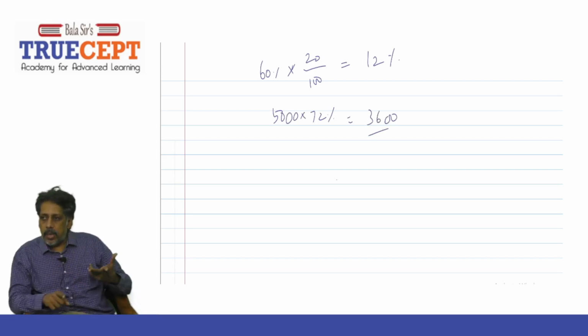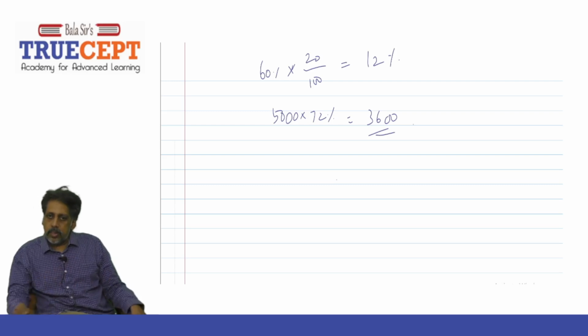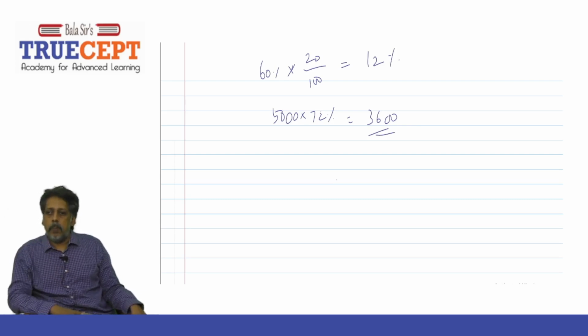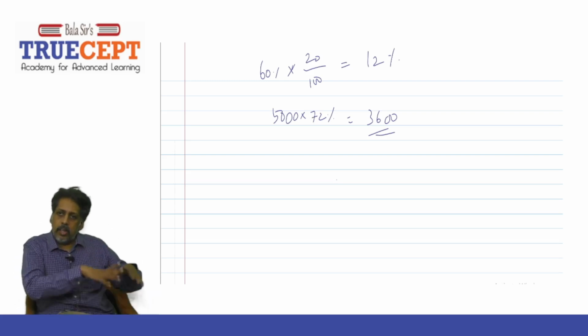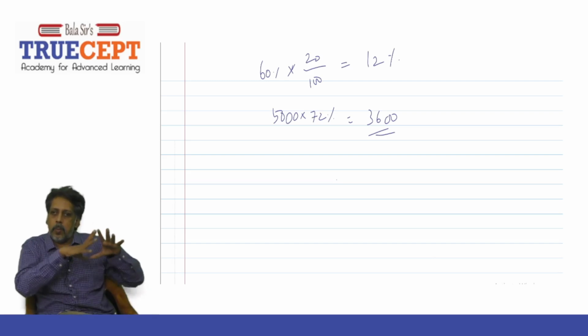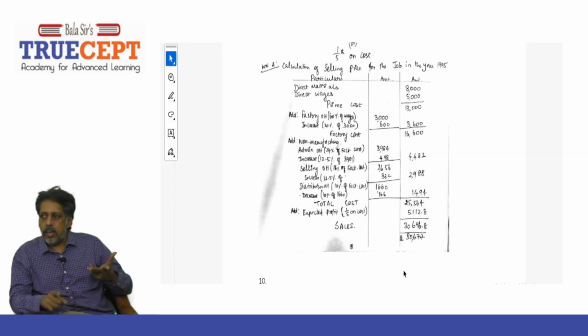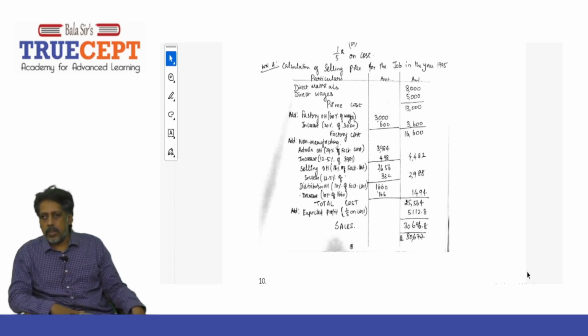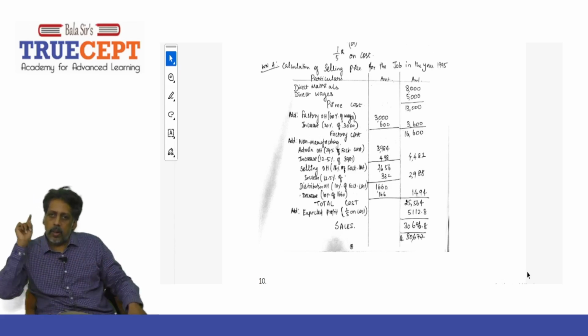If you apply 5,000 rupees into 72 by 100, you'll get 3,600 directly. But I will advise don't do that. Find the factory overheads based on the percentage recovery you got in working note 2, then apply the inflation on that amount. Is that fine? Yes, sir. 3,000 plus 20% on that, 600, in all 3,600 in the outer column.